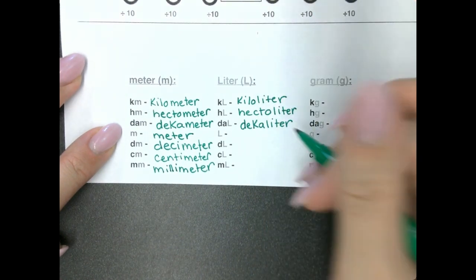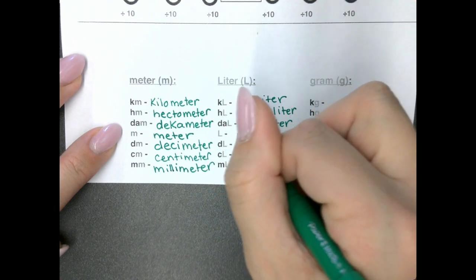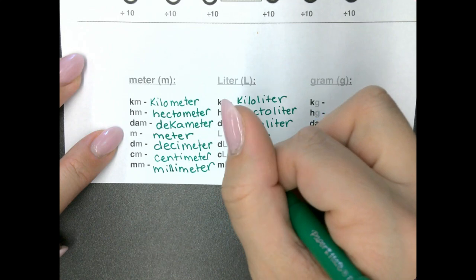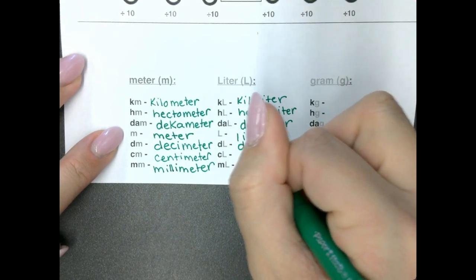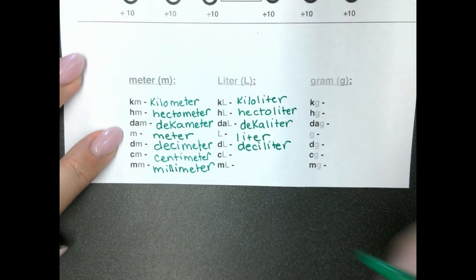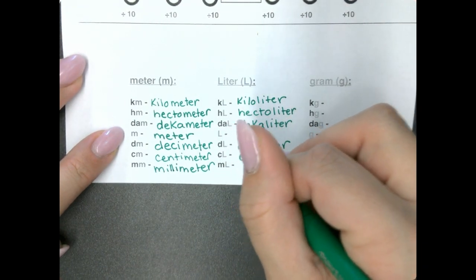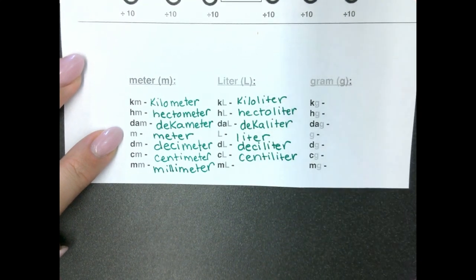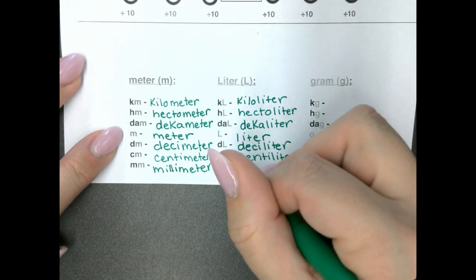Then our L just stands for liter. Then we have deciliter, centiliter, and milliliter.